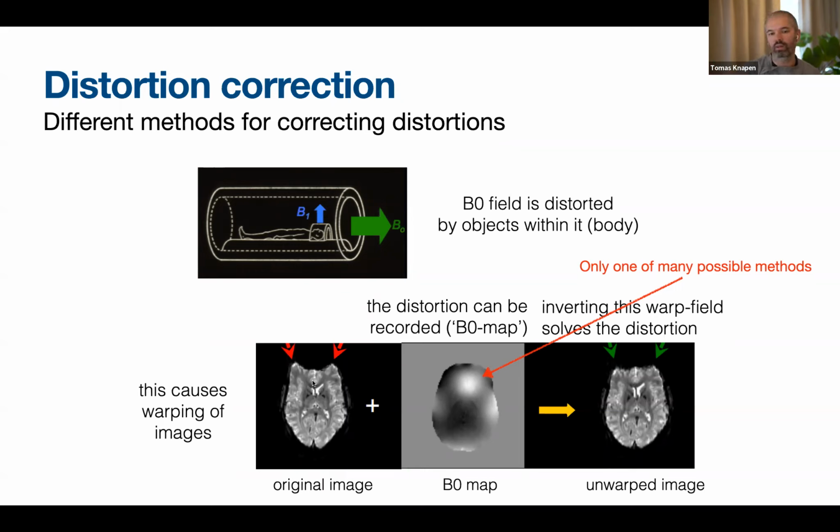But as I've just explained, this is a nonlinear transformation. You need to actually create a warp field to make the EPI image, your functional images, fit onto, for example, the veridical anatomy. If you wouldn't unwarp, it means that these functional images don't live in the same space as the anatomy that you get.